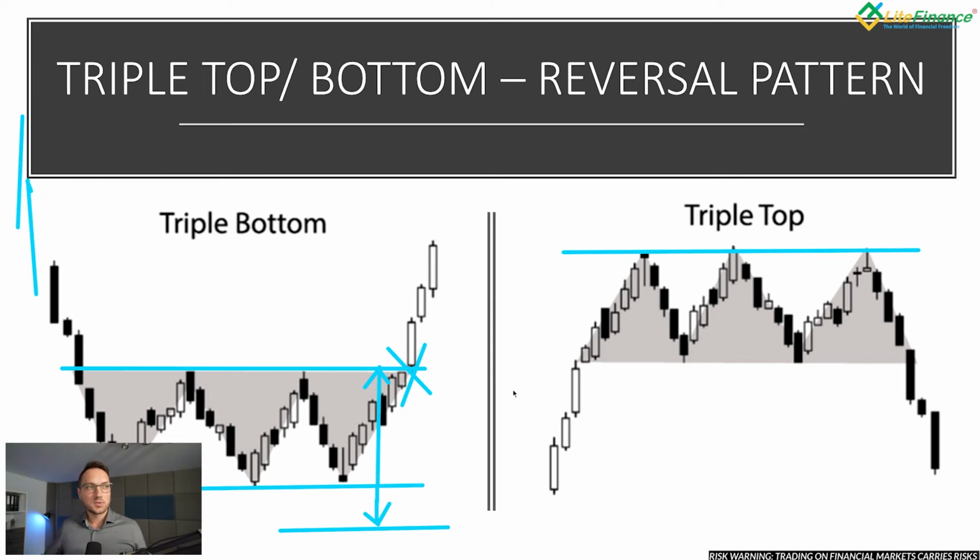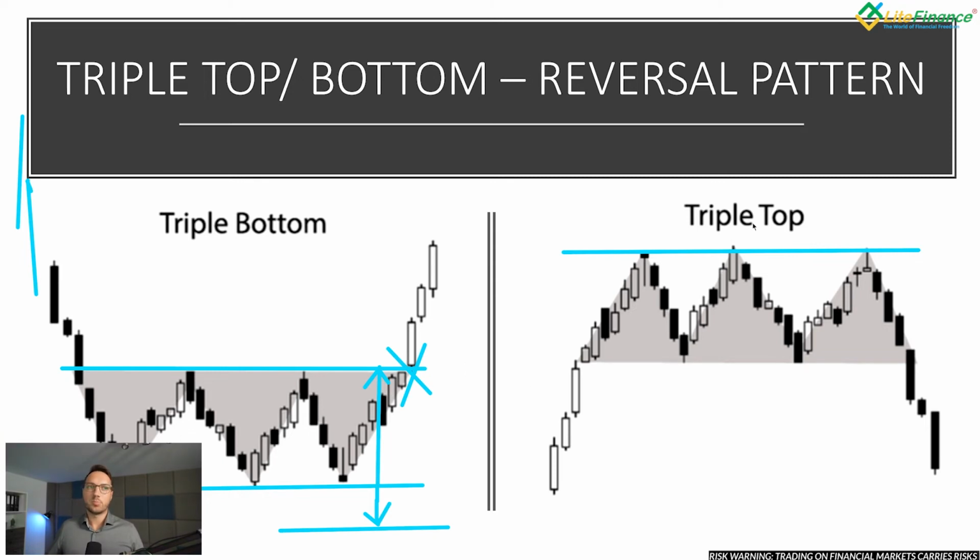But if those kinds of formations occur on higher time frames, on major resistance, they most often signal a very strong move. So 2 or 3 times the range at least, we can say, when trading those patterns.